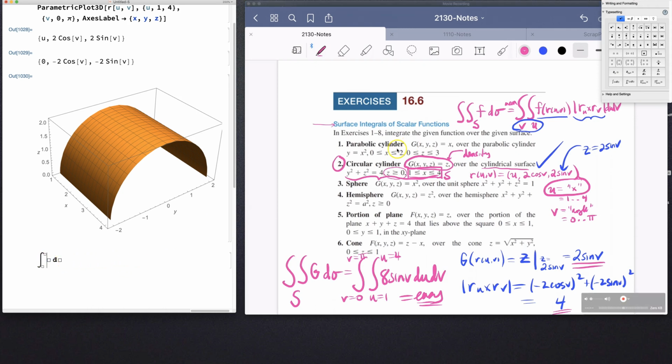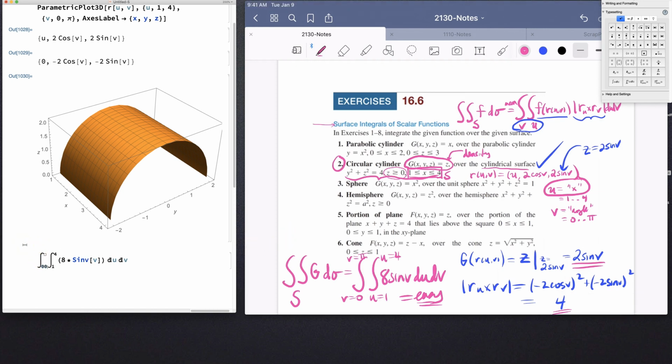So we're going to do a double integral. We want to integrate from 1 to 4. We need to integrate 8 multiplied by the sine of v du dv. U was our x value, so that goes from 1 to 4.